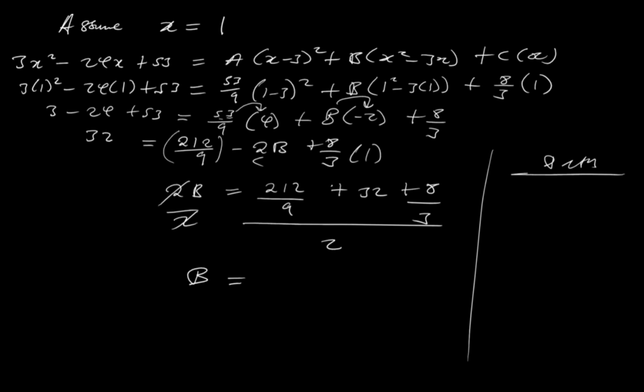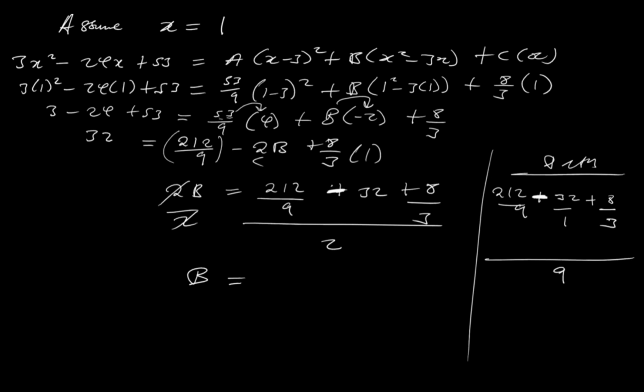Yeah, that would make more sense if we do that. So let's try. Let's do 212 over 9 plus 32 over 1 plus 8. So 32 is going to be minus 8 over 3. Common denominator will be 9.